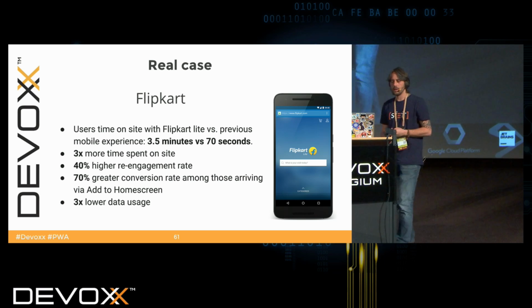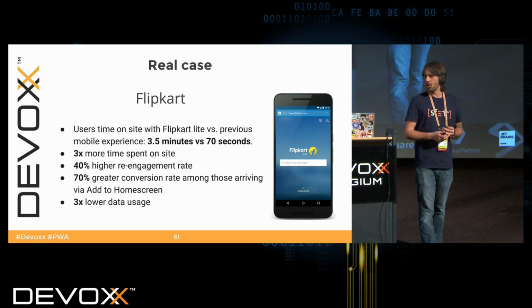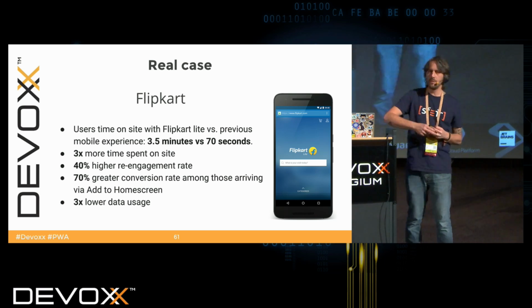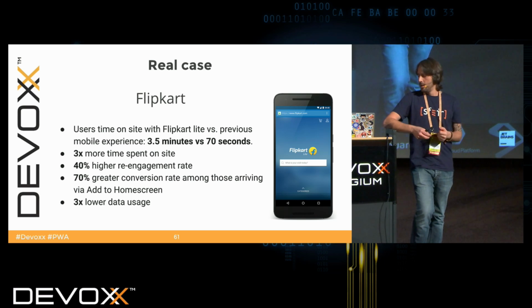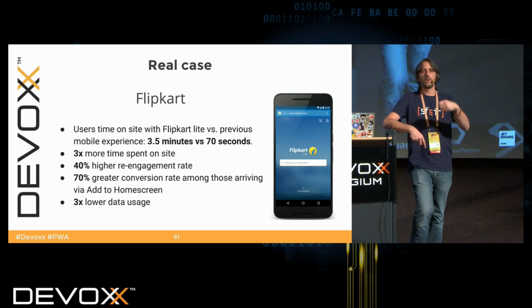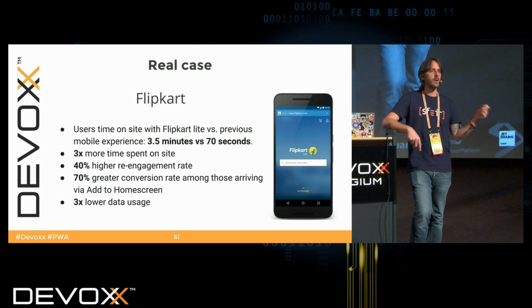Another interesting case is Flipkart, which is a B2C e-commerce site. They decided to play more on the offline feature. So you can navigate their website and see, for example, categories, products, and add something to your cart.